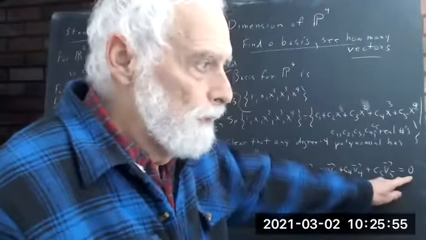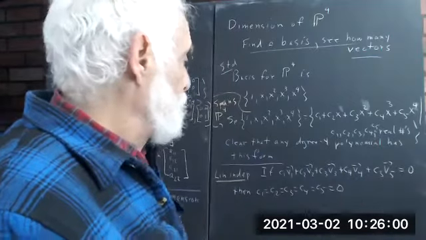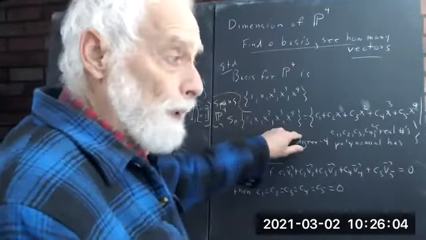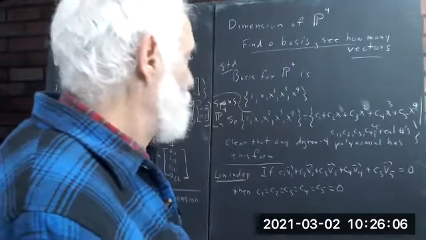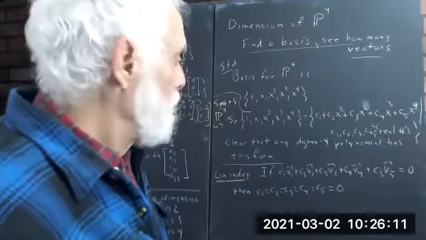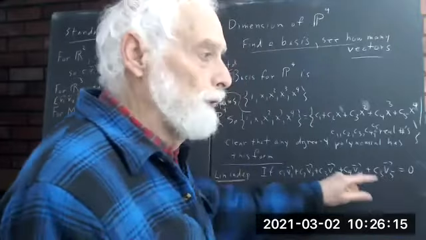To get the zero polynomial, you've got to multiply every one of these basis vectors by 0, so all the c's have to be 0. The only way this could be equal to 0 is if all the c's are equal to 0.